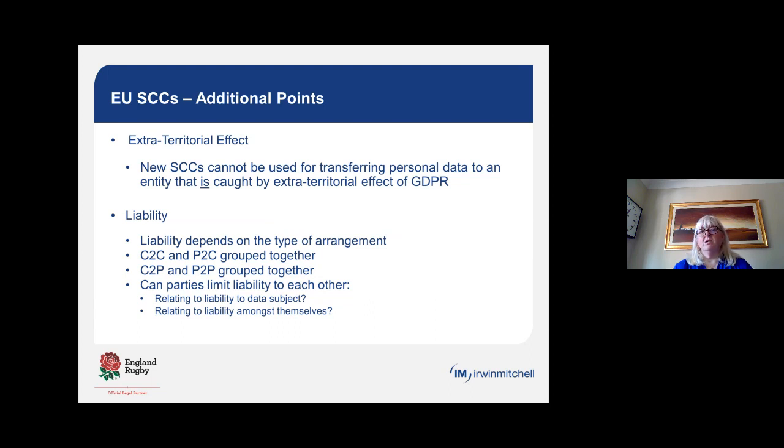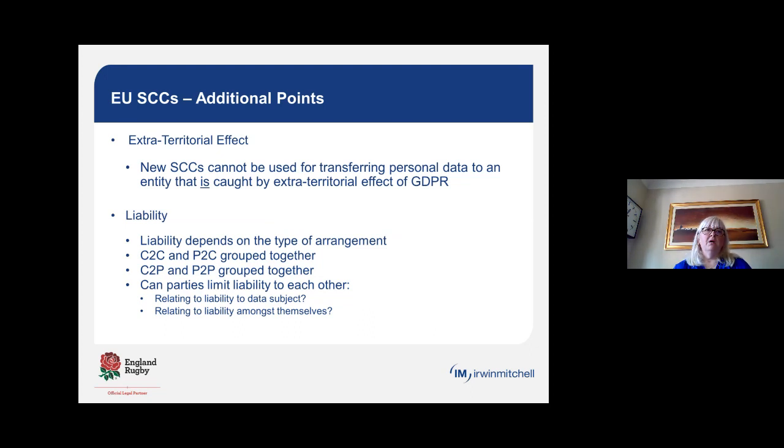The other point to bear in mind on the standard contractual clauses is the liability point. The liability provisions are one of the things that are caught by the work to work out which type of arrangement you've got, because you've got to put in the right liability clauses depending on the arrangement. Is it controller or is it controller processor?